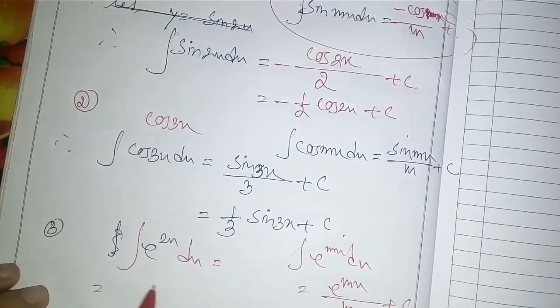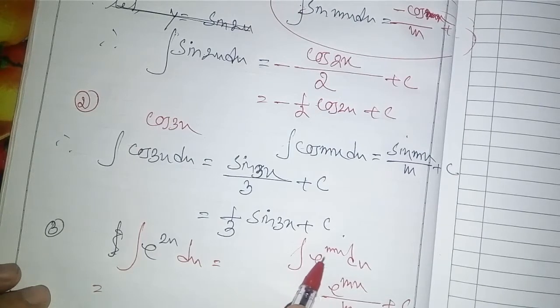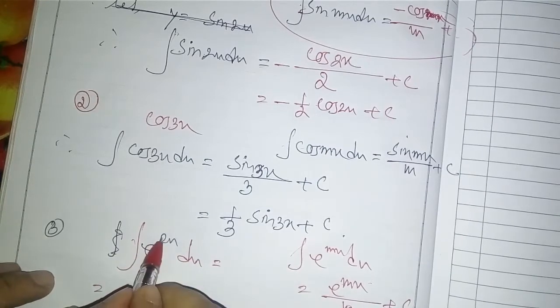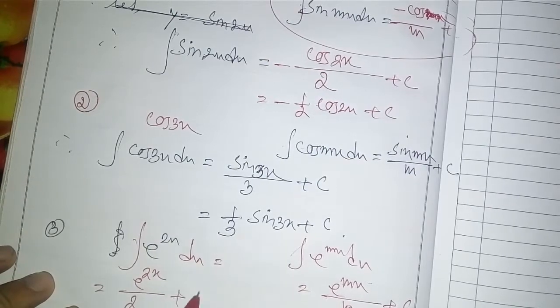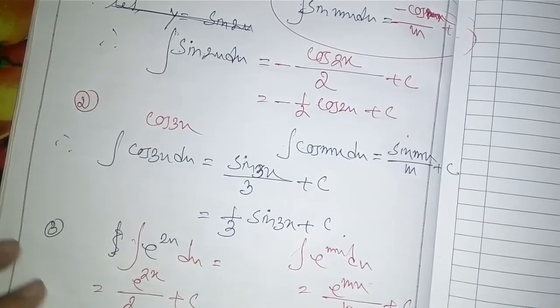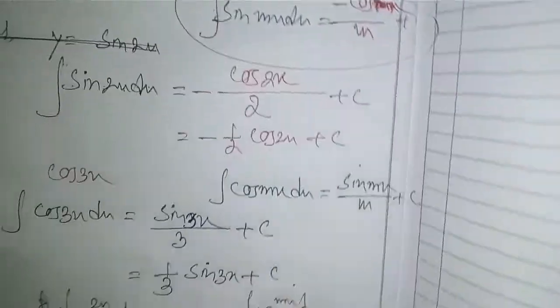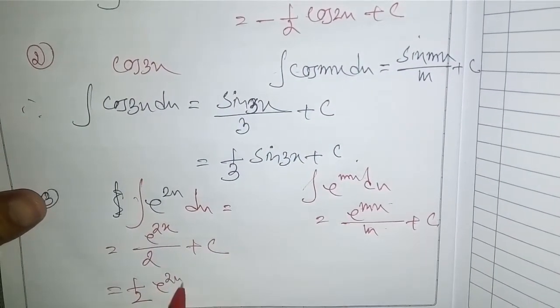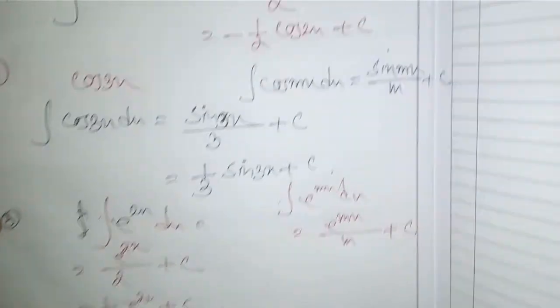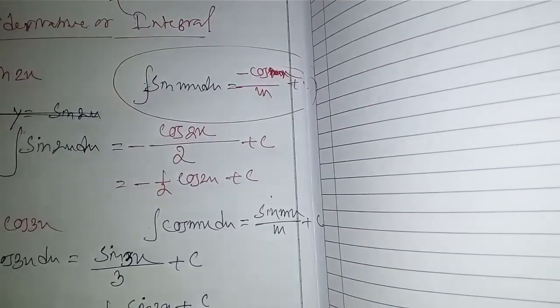Here m is 2, so it equals half of e to the power 2x plus c.